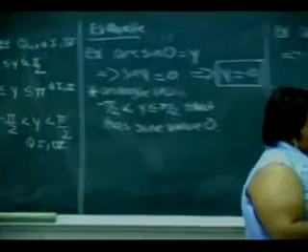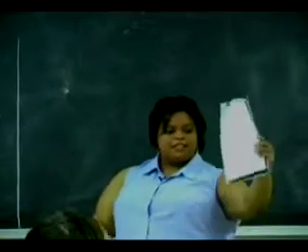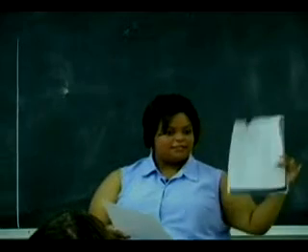Okay, let's go to the calculator now, and let's see how we can do these things on the calculator. This is all you're going to be given. So there's still a whole lot of stuff to learn.